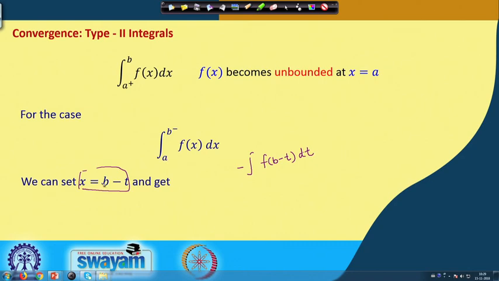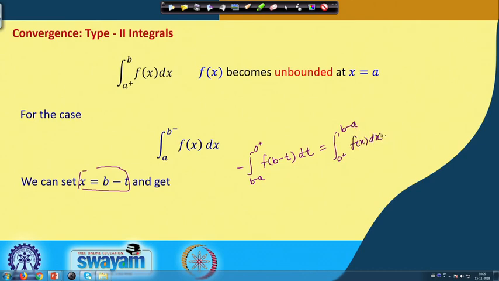When x is a, t becomes b minus a, and when x is b minus, t becomes 0. This changes the limits, and we get the integral from 0 plus to b minus a of f(b minus t) dt.